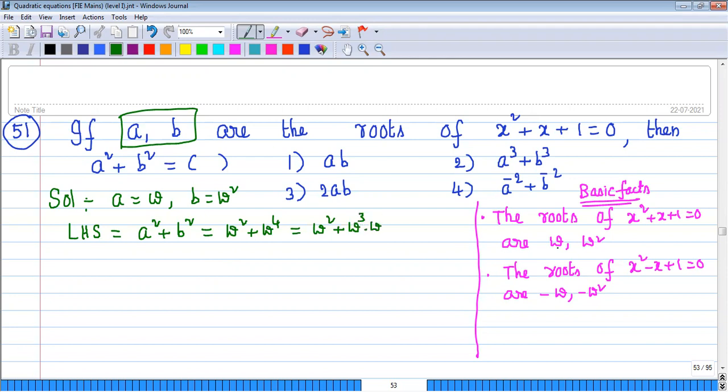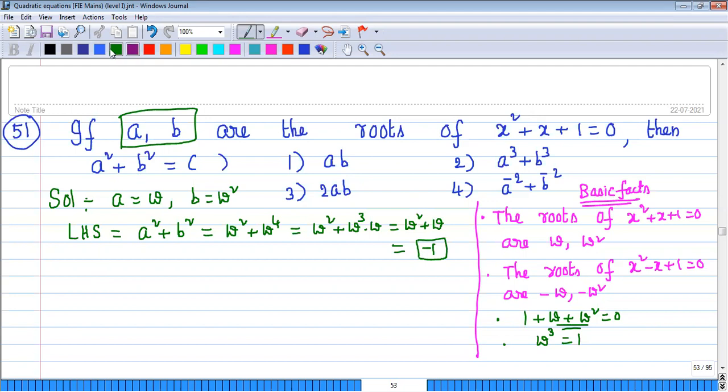Omega and omega square are the cube roots of unity, so we have one more property: 1 plus omega plus omega square is equal to 0, and the product of these cube roots, omega cube, is equal to 1. You will be getting omega square plus omega, which is -1. This is a square plus b square.